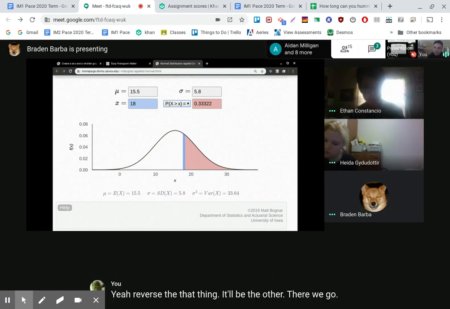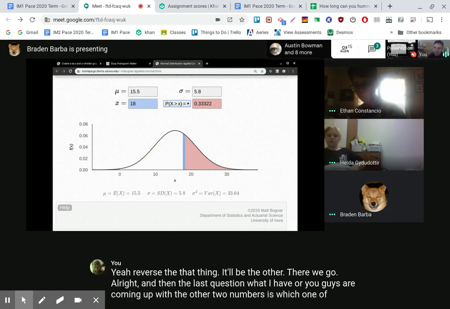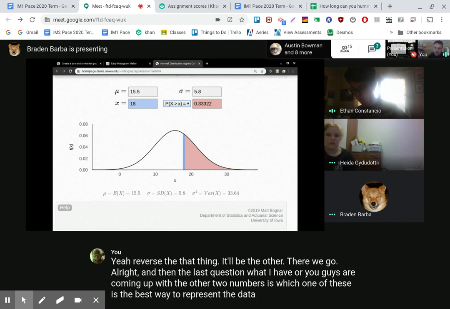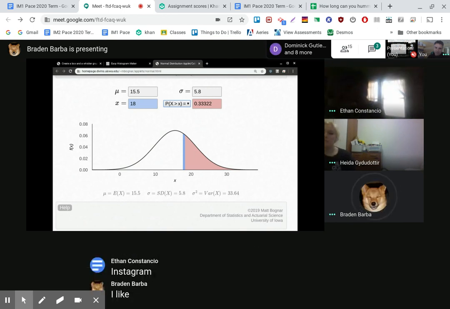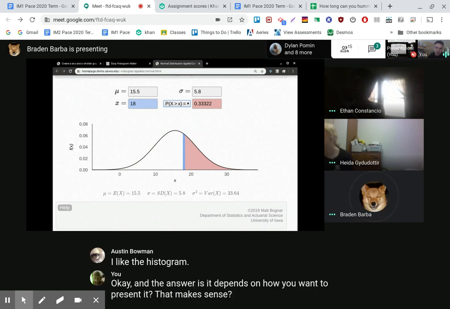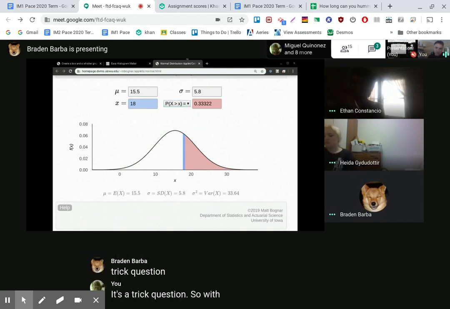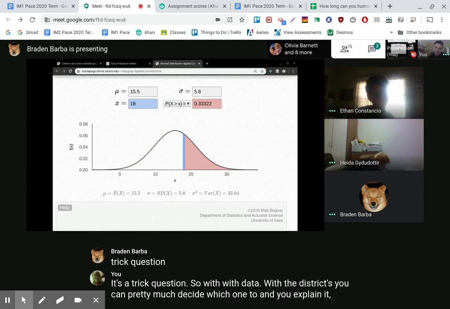All right, the last question, while you guys are coming up with the other two numbers, is which one of these is the best way to represent the data? The box and whisker, the histogram, or the standard deviation? Histogram, I like the histogram. The answer is it depends on how you want to present it. Trick question. With statistics, you can decide which one to use and explain it.